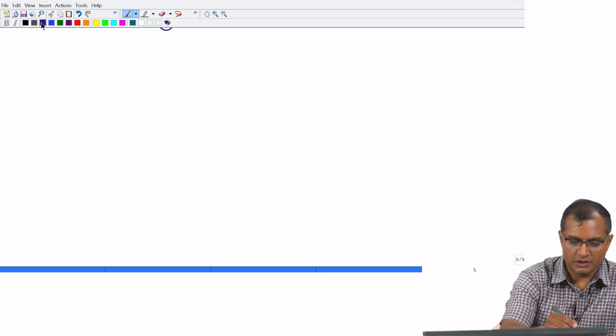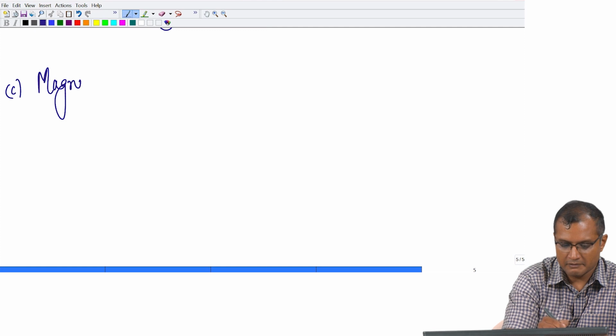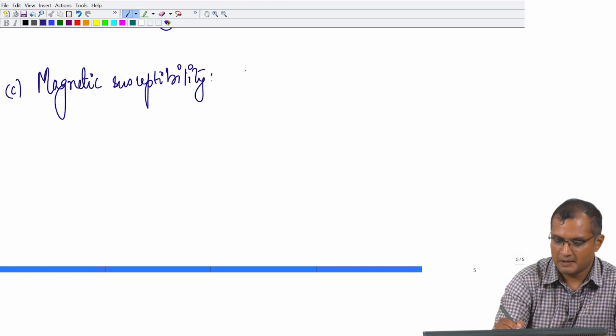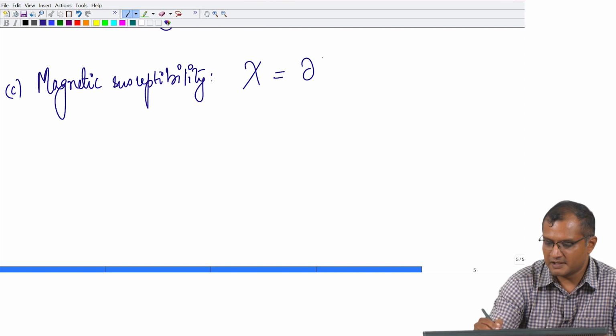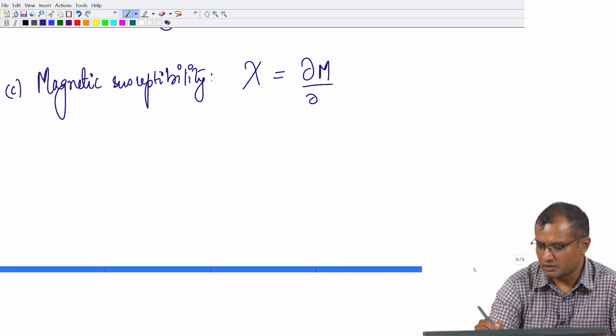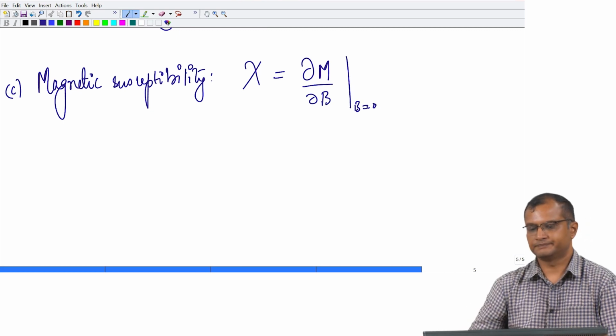Okay. So, the third object is the magnetic susceptibility of our n spin system. It is defined as the derivative of the magnetization over field at small values of field.